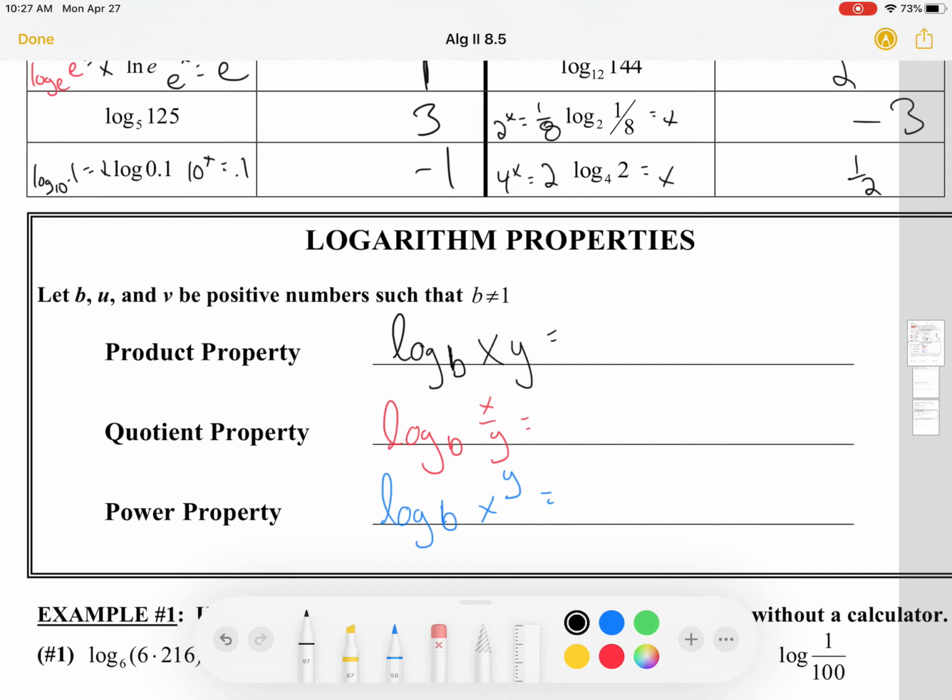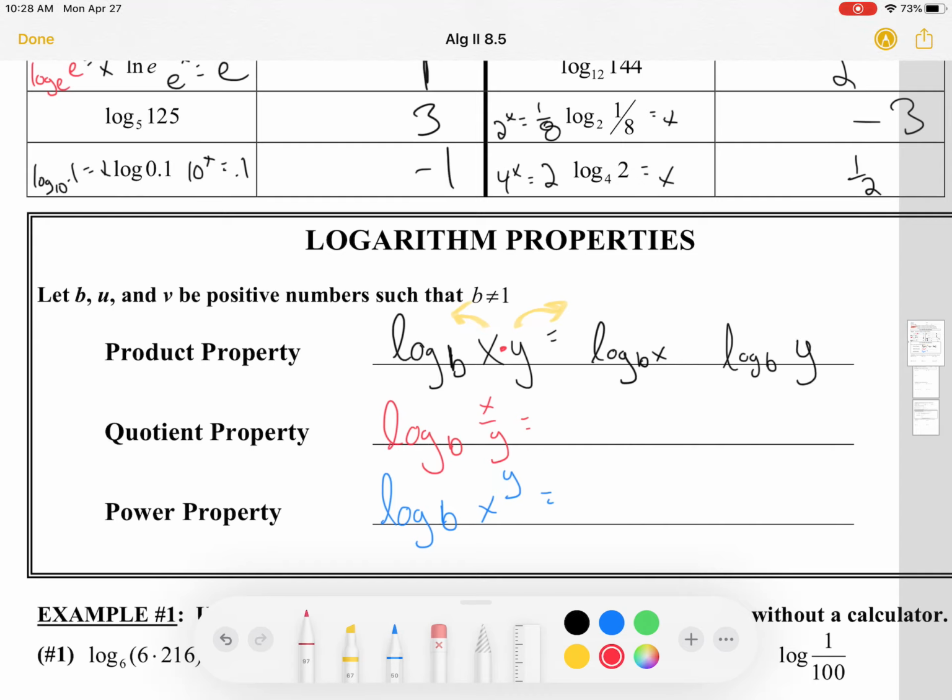Okay, so that was just a quick review of evaluating. Now we're going to use that top portion and this next portion for the problems on bottom. So the product property. If we have log base b of x times y, so if we are multiplying two things together inside of a logarithm, what we can do is pull this apart, put the x over here, the y over here. And this would turn into log base b of x plus log base b of y.